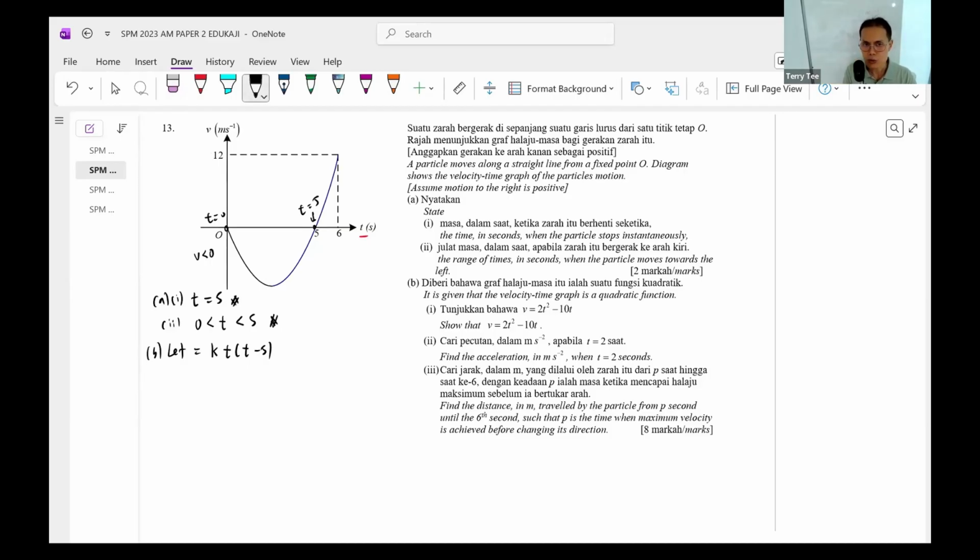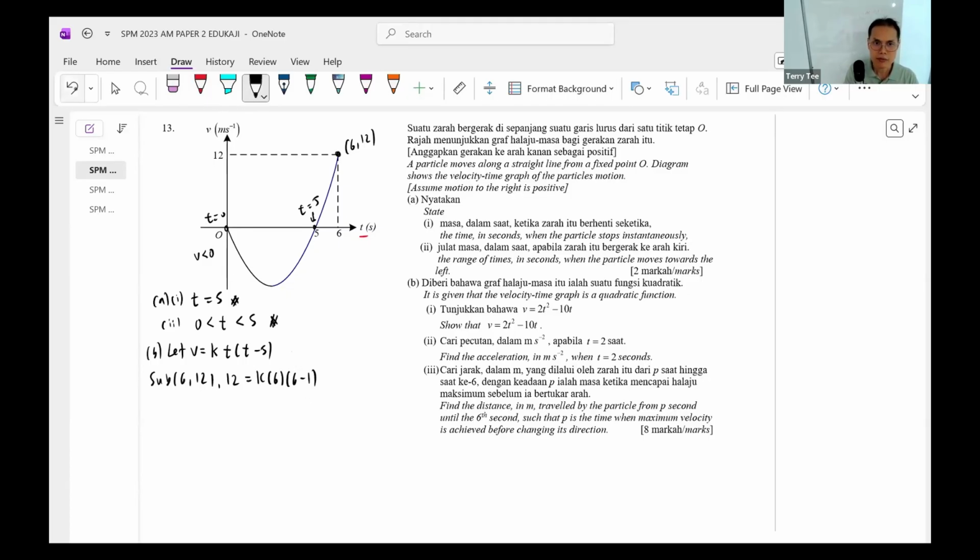Now, what I need to do is to sub in another given point, 6, 12, to find the value of k. Okay, sorry, I think I didn't write v here. Let v equal to this. Then you sub in 6 and 12. Your velocity is 12 when your t is 6. So what's your k?